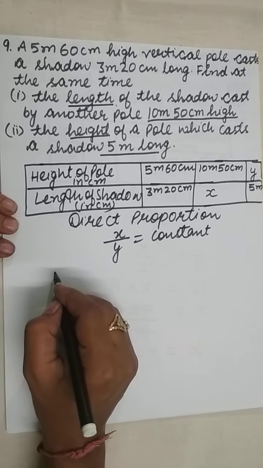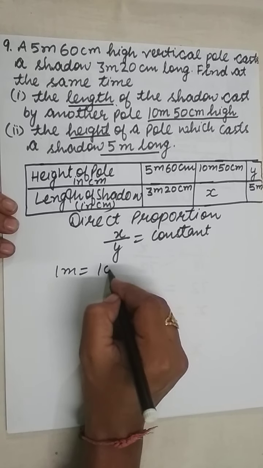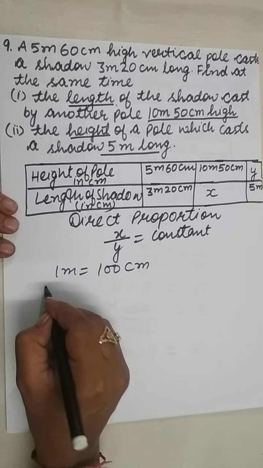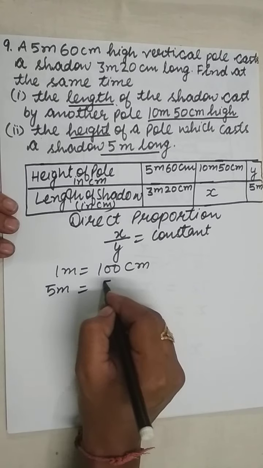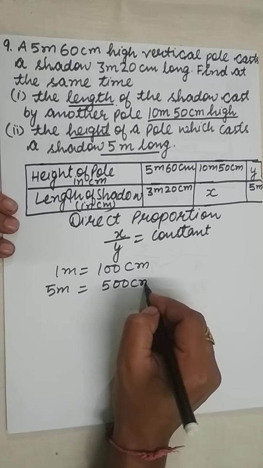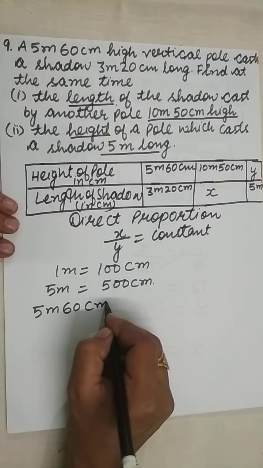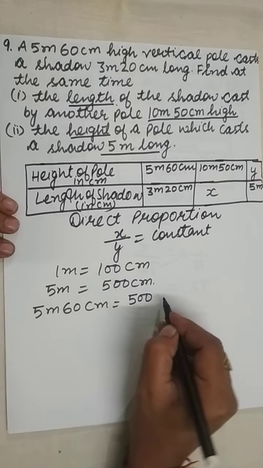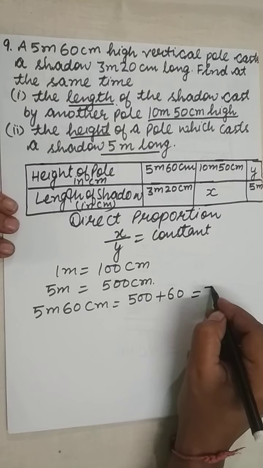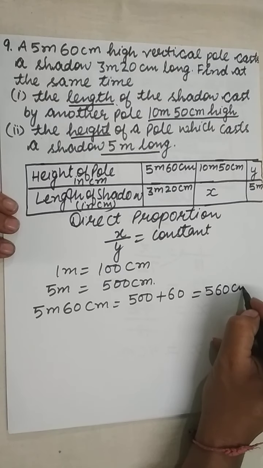As we know that 1 meter is equal to 100 centimeters, so 5 meter will be equal to 500 centimeters. Or we can say that 5 meter 60 centimeters is equal to 500 plus 60, that is 560 centimeters.